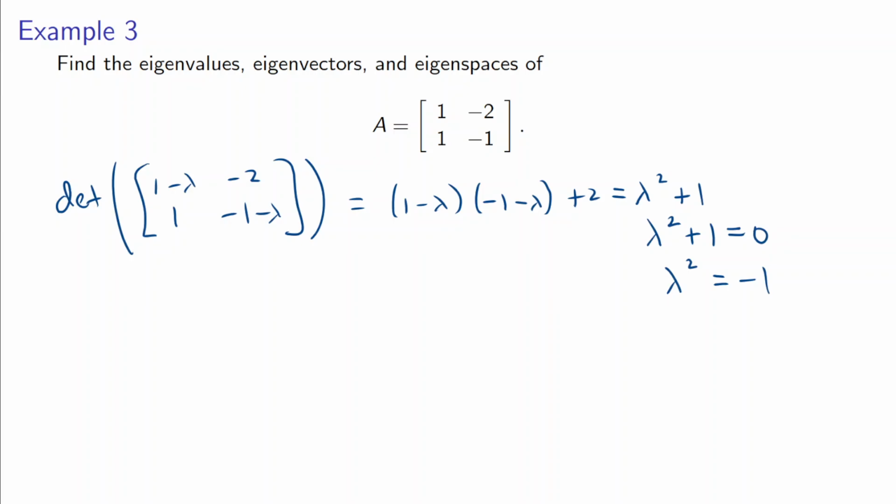It does have complex eigenvalues, so lambda would be, for example, plus or minus i, plus or minus the square root of -1. And there are certainly important problems we could tackle by exploring this idea of complex or imaginary eigenvalues. In this class and in this book, at least for now, we could potentially explore this later, but for now, we're going to stick with just looking at cases of real eigenvalues. So we'll just stop here and just say no real eigenvalues.